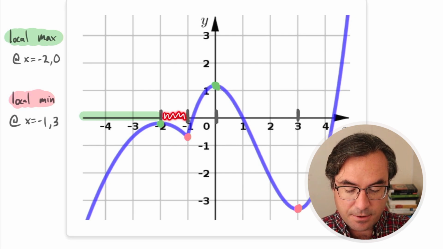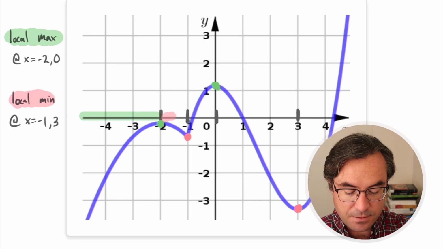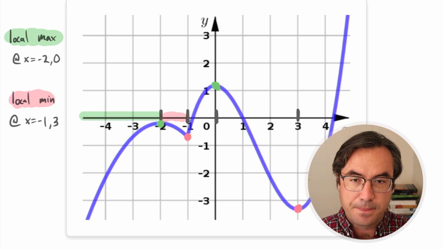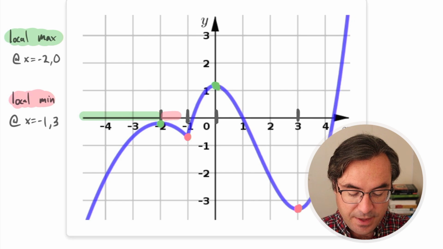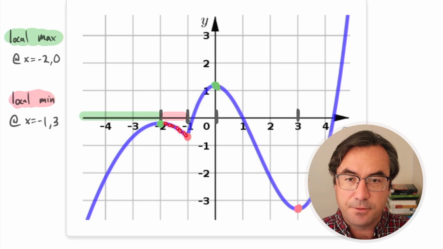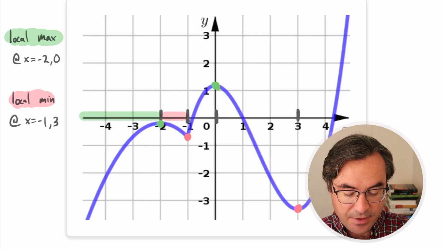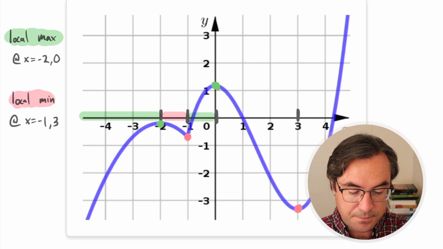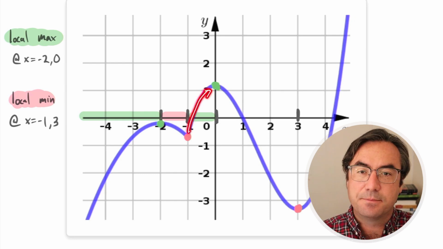Now what about in here? What about that next interval? Well, on that section, all of the points were moving down. And then on the next interval, same kind of deal. We're moving back up.